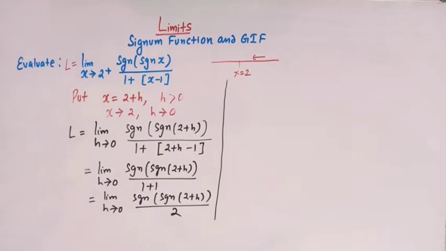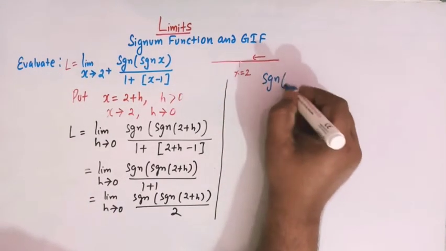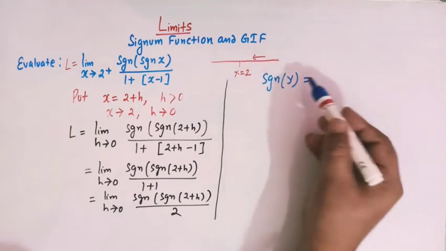So now viewers, we have to decide the value of the expression in the numerator, that is signum of 2 plus h when h tends to 0. Now we'll take help of the definition of signum function. Let us take some variable y.